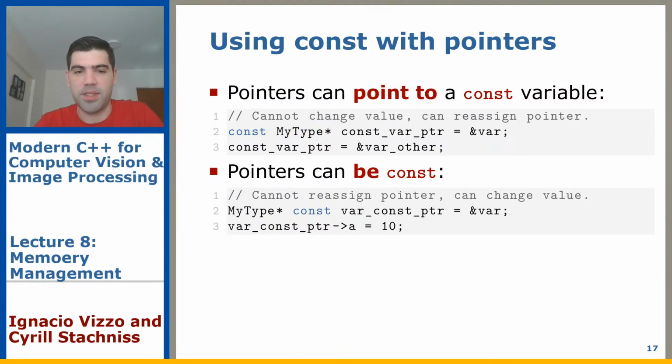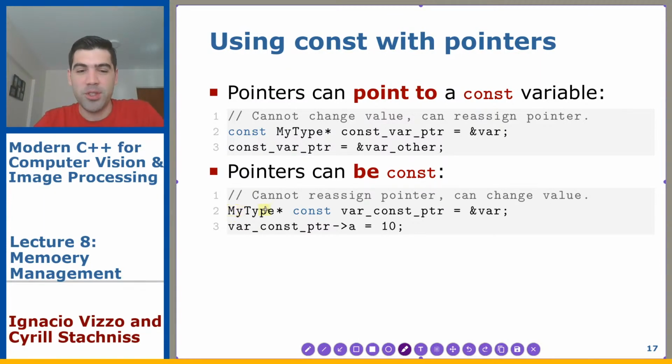Yeah, that's the example. The pointers themselves are variables, so they can also be const. And how you do it, believe me, this is funky. You have a pointer to my type, and this pointer is const, and now this becomes part of the pointer. And this is the name of the pointer, so var const pointer. Then this, for example, you cannot do.